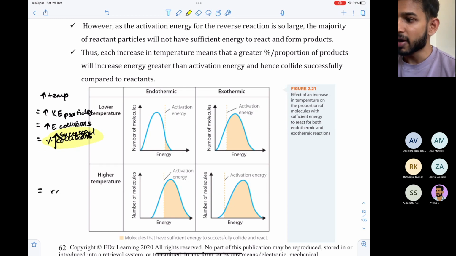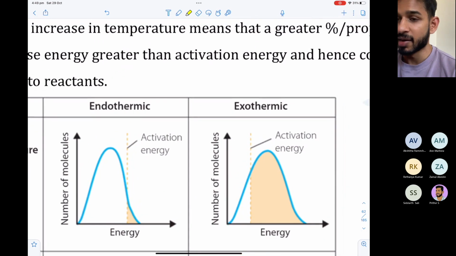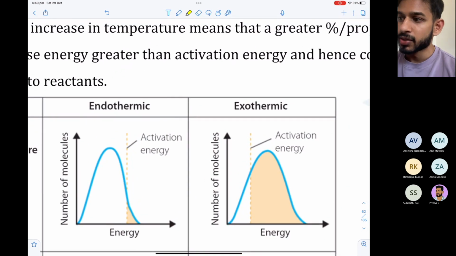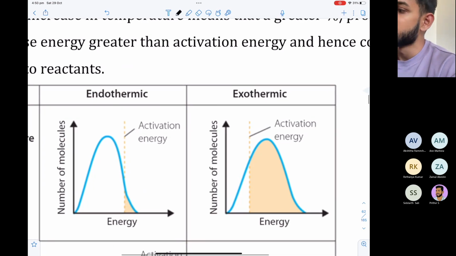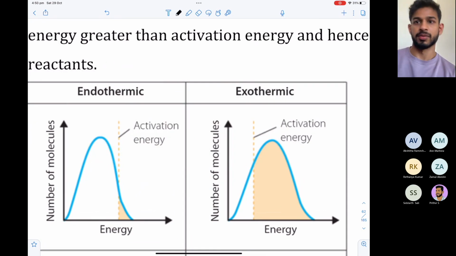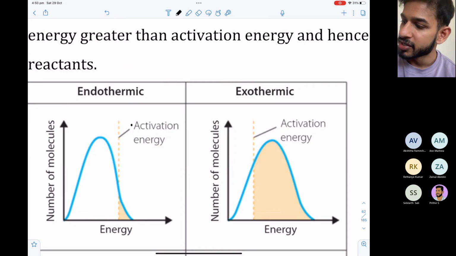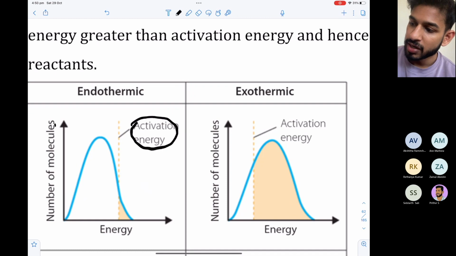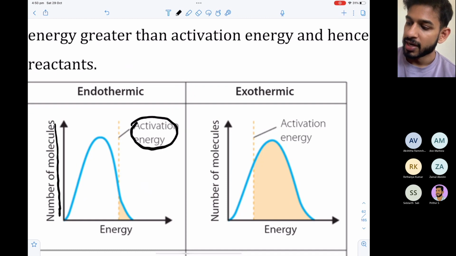Now let's have a look at this graph so we truly understand what is happening. Don't worry about the endothermic, exothermic, it will still make a lot more sense. Here you have activation energy. Here you have number of molecules on the y-axis, and here you have the energy of all molecules.